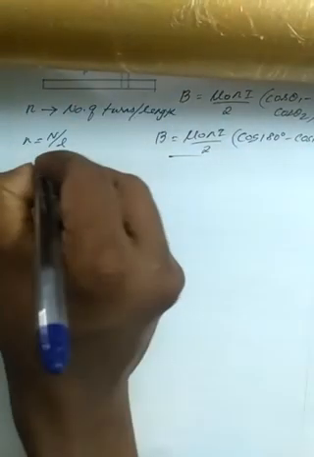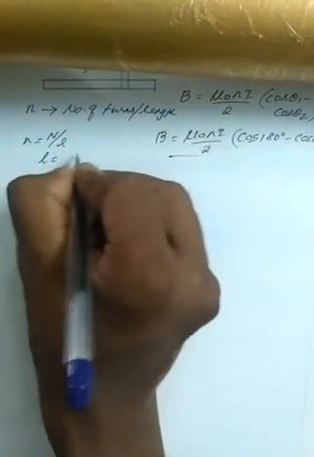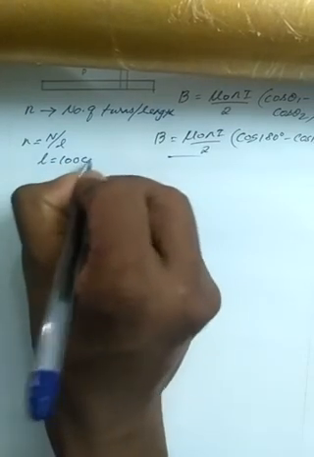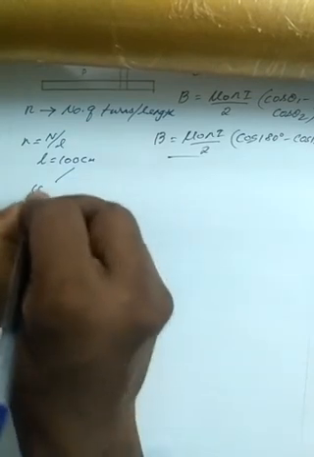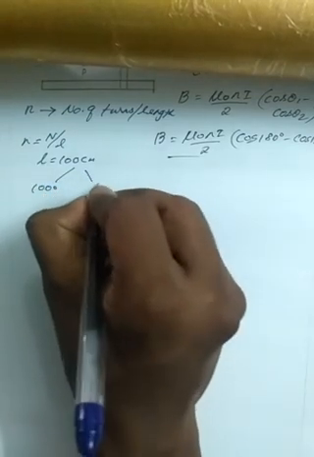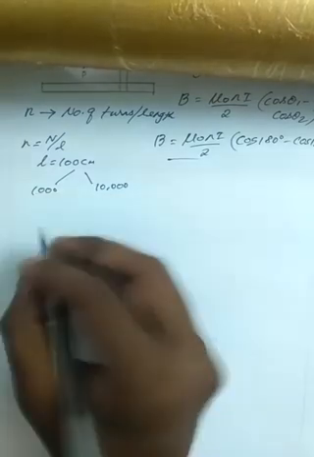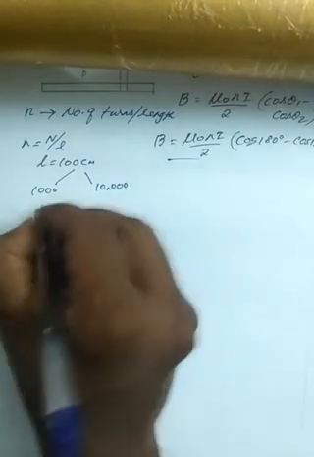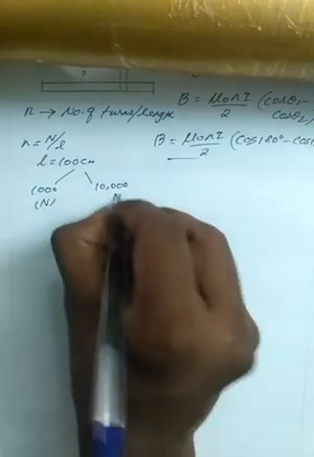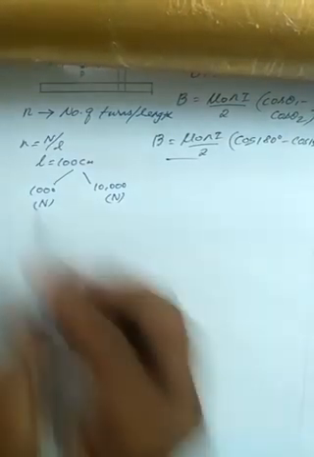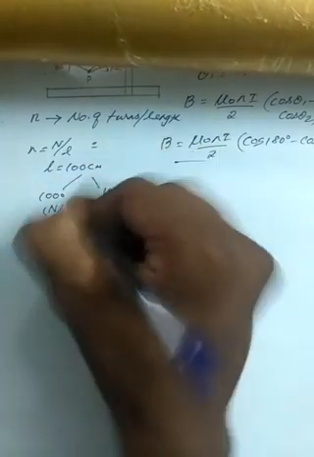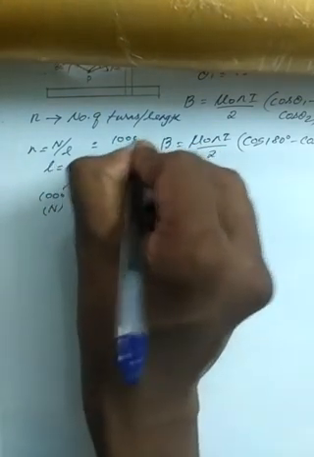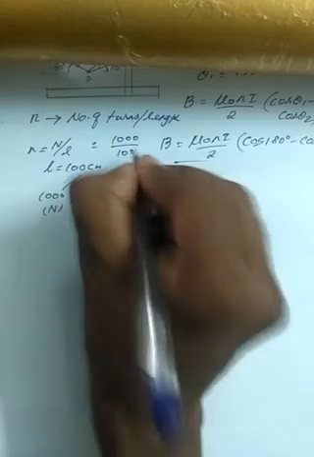Okay. So here 100 centimeter is known as L. L is 100 centimeter. Okay. I can wound 1000 turns, 10,000 turns. So this 10,000 is known as our capital N. Okay, so what is our n? n means N by L, that is 1000 by 100.